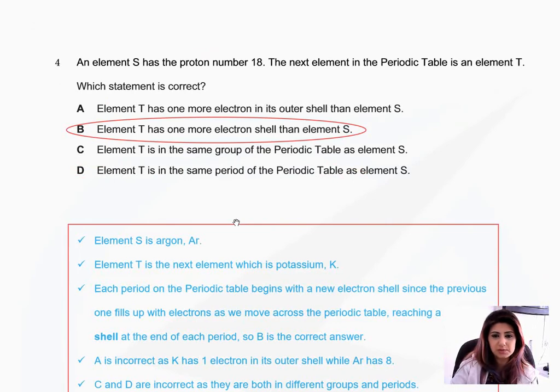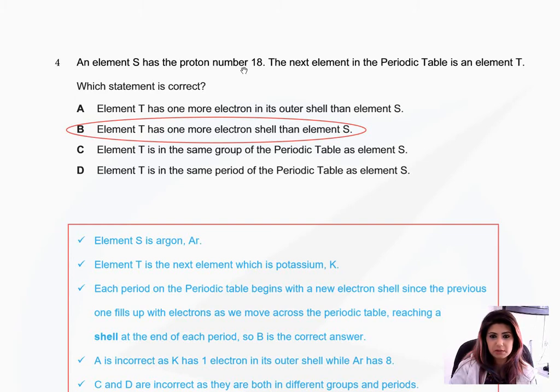Element S has the proton number 18. The next element in the periodic table is an element T. Which statement is correct? If we look at our periodic table, I think this is the easiest thing to do, is to have a periodic table. It has the proton number 18, so that will be argon, right?